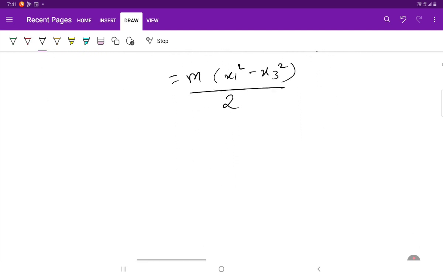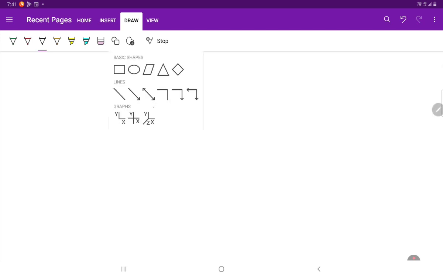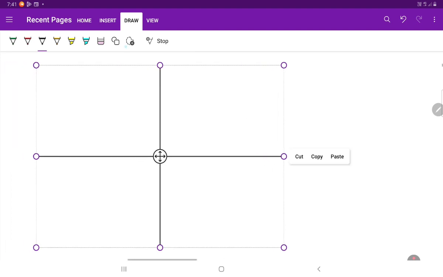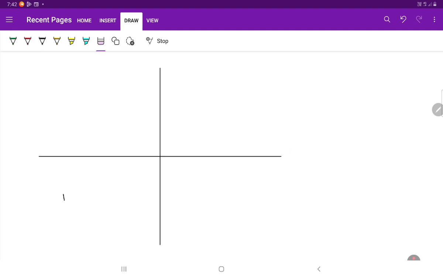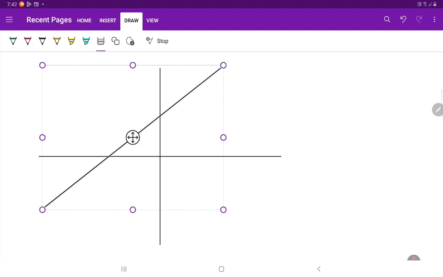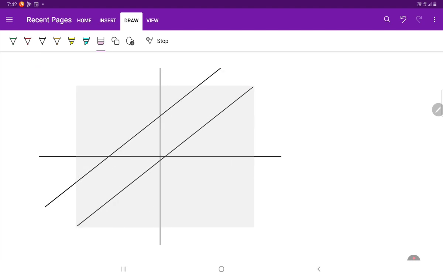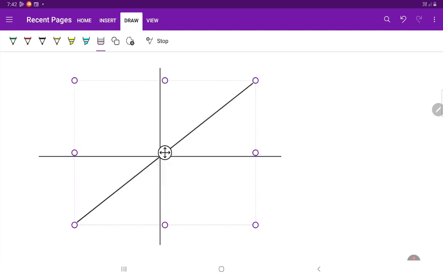Now how do we derive the general formula for integration of y equals mx? Again we consider a coordinate axis and this line y equals mx. This is the x-axis and this is the y-axis.